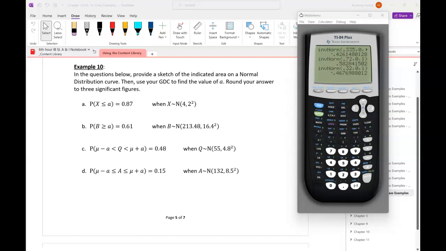That goes on letter G. What the heck happened here? That's weird.